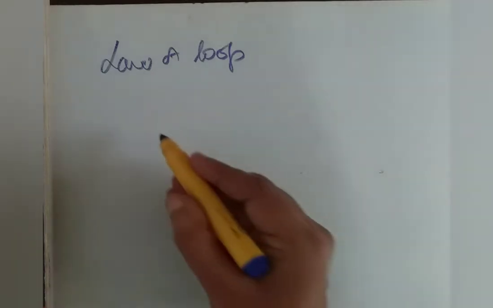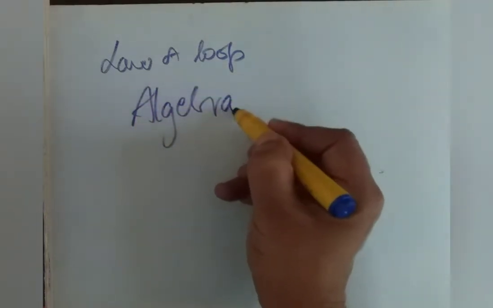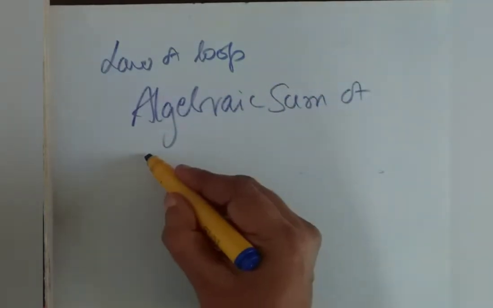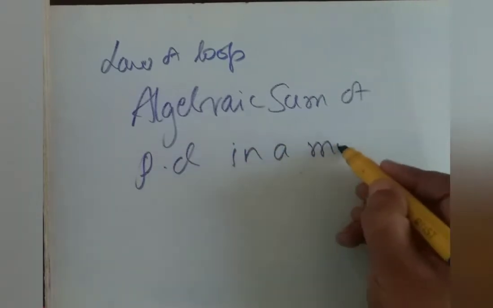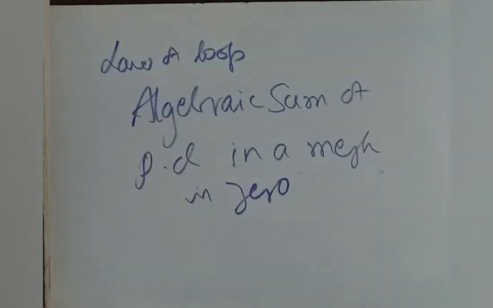The algebraic sum of potential differences in a loop or mesh is 0. Very simple statement.